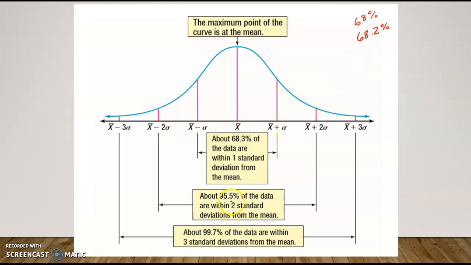About 95.5% are within 2. And I think the stuff that you had been using just used the 95%. They didn't use the 95.5. 99.7% are within 3. So once you get out here, most of your data is already covered. You've got that much data involved.